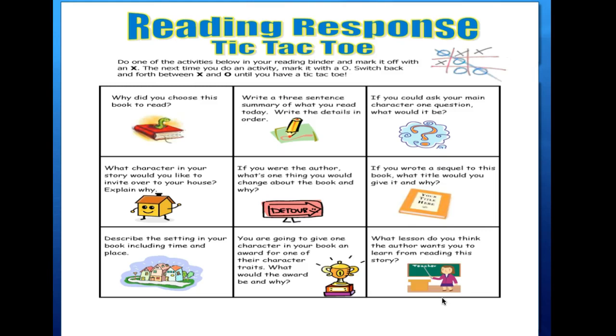We talked earlier about choice and the choices students can have, and this is pretty much based on multiple intelligences. It's a reading response tic-tac-toe. The students in this tic-tac-toe choose three, hopefully, until they get a tic-tac-toe across, diagonal, horizontal, or vertical.